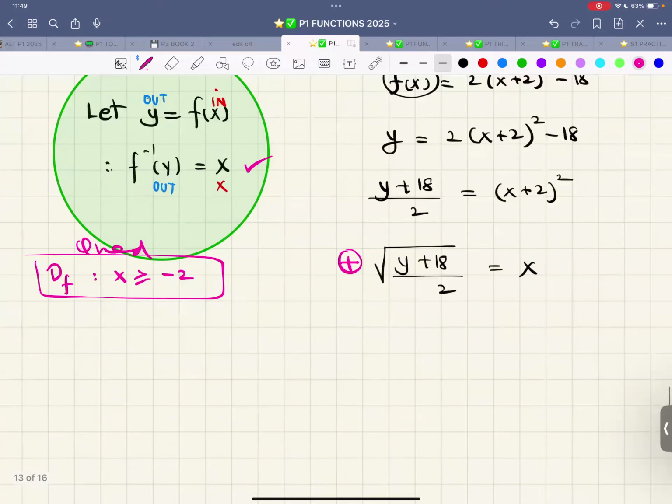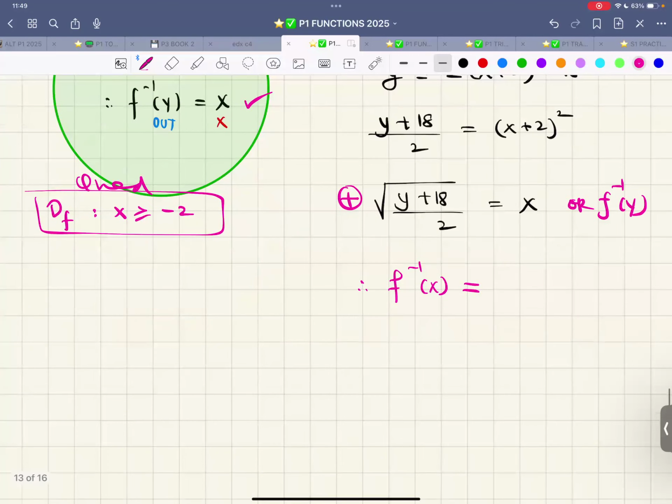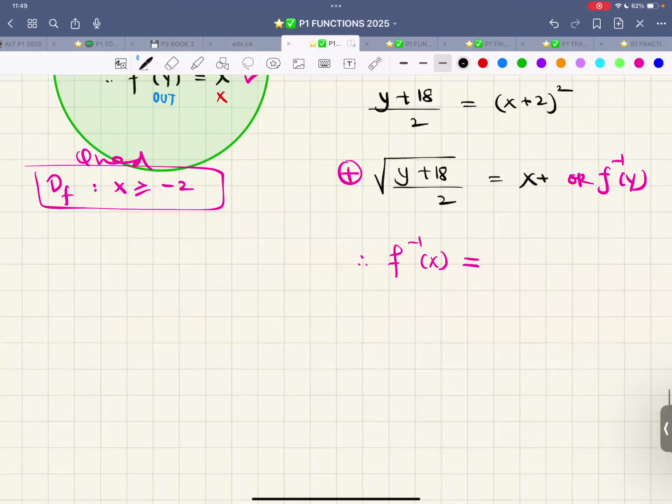What is x equal to? x equals f inverse of y. In other words, f inverse of x equals... and one more thing, I forgot the plus 2. So there is a plus 2, take it to the other side. So that becomes negative 2. So x plus 2, hold for a second. And let me add a step so that you don't get confused.